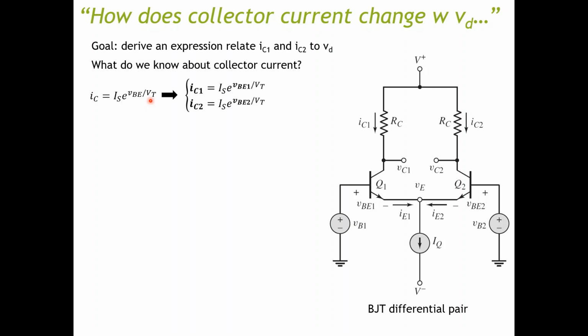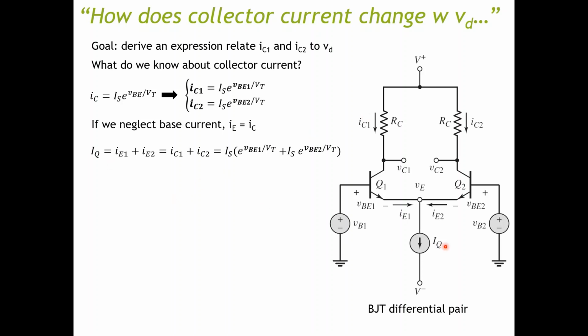Therefore, you can have an expression of IC1 and IC2 based on VBE1 and VBE2. If we neglect the base current, we can estimate that IE will be equal to IC. So emitter current will equal the collector current.